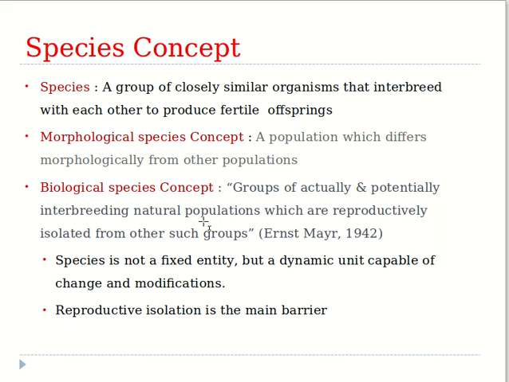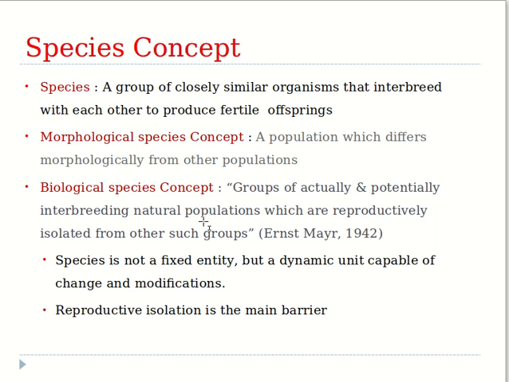That is an ecological concept. Then species is a part of the genetic community as it consists of a closed and protected gene pool. Since a species is a population which is completely reproductively isolated from other such populations, this particular group has its own gene pool which is distinct from other such populations. So, the gene pool is closed and hence it is considered to be a genetic unit.